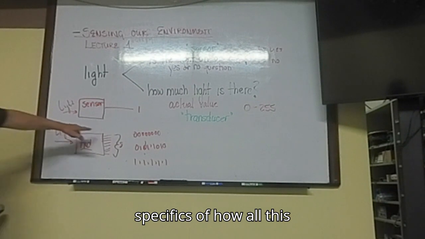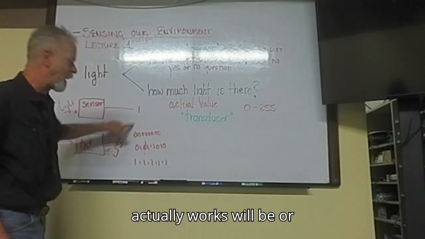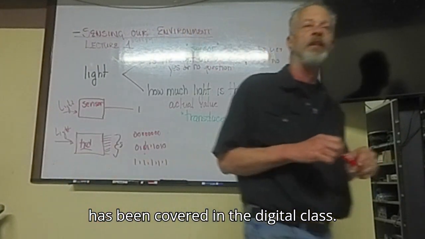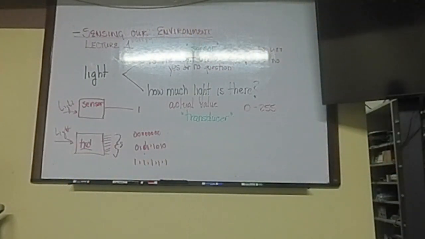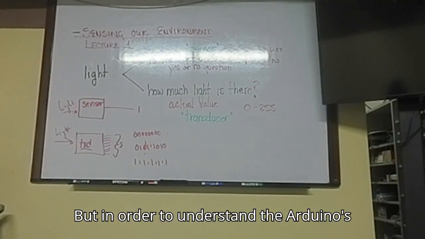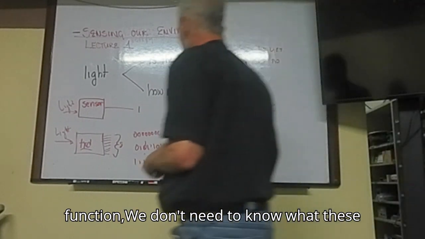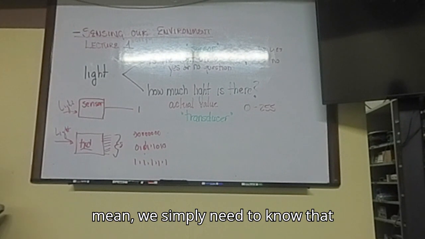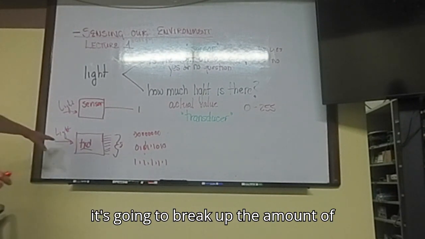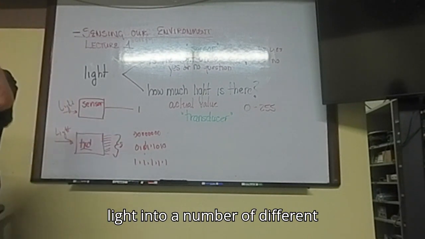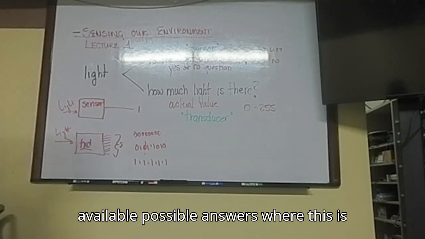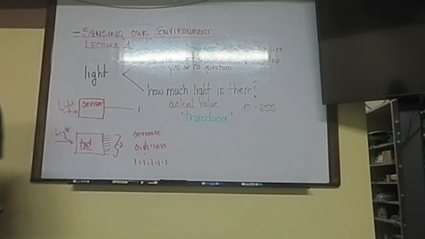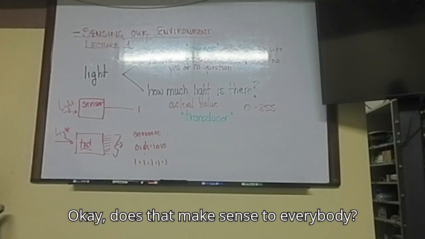The specifics of how all this works will be or has been covered in the digital class. But to understand the Arduino's function, we don't need to know what these mean. We simply need to know that it's going to break up the amount of light into a number of different possible answers, where this is just going to tell us a yes or no. Okay, does that make sense to everybody?